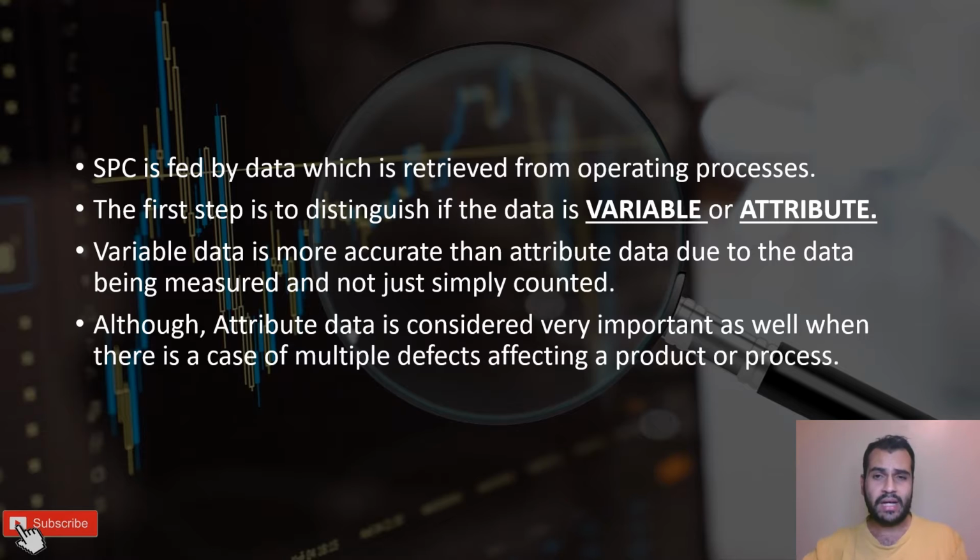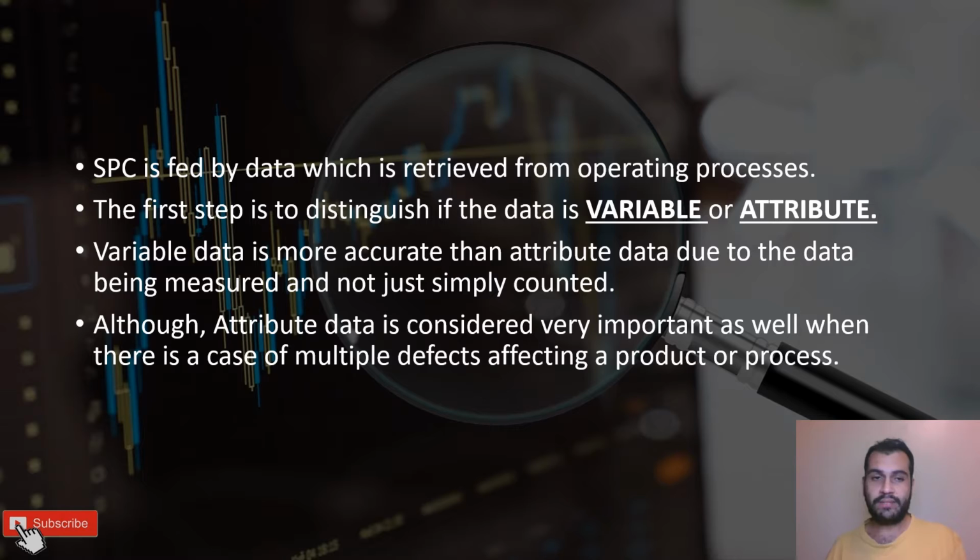How is the fitness of the players measured, you can ask? That is through variable data. They can track your heartbeat, your daily weight, and attribute data would mean, let's say you get an injury: how often are you getting injured, and what is the process? Is there a process difference in training, or what exactly is it?